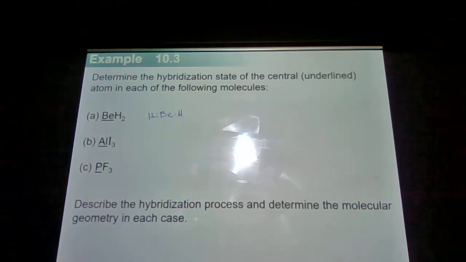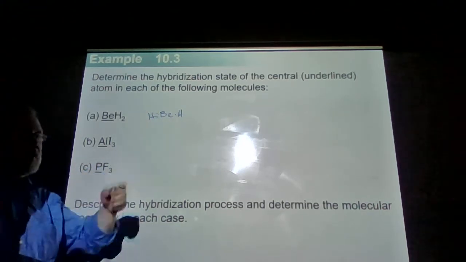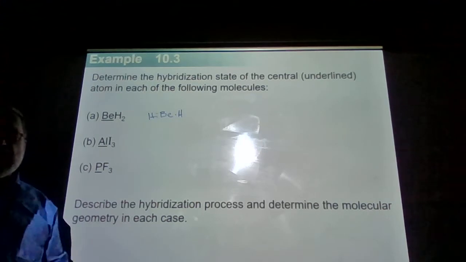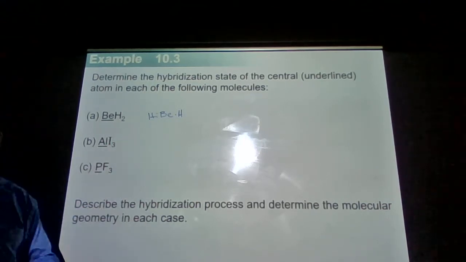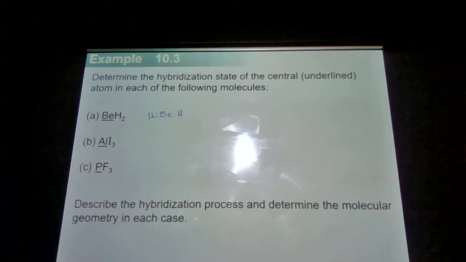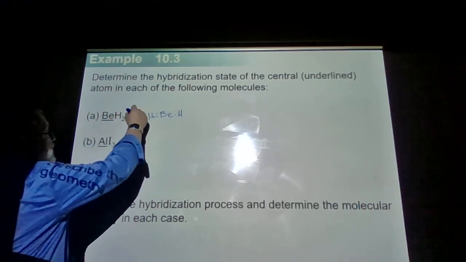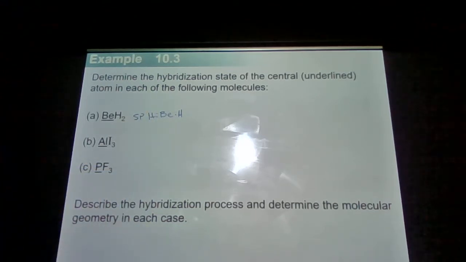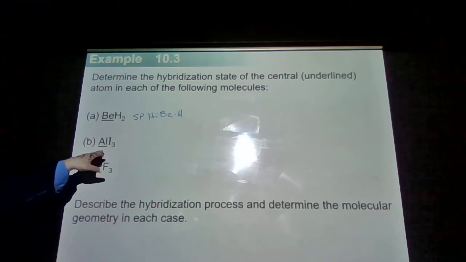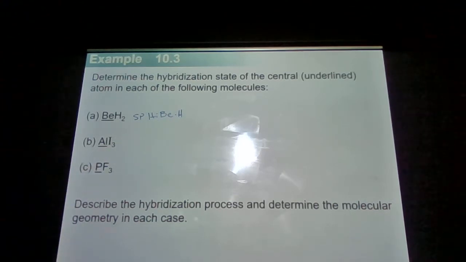In our number of atoms bonded to our center atom and number of lone pairs on our center atom, any lone pairs on your beryllium? No. How many things are bonded to it? 2. So beryllium is, in beryllium hydride, sp hybridized. Aluminum triiodide, or aluminum iodide.